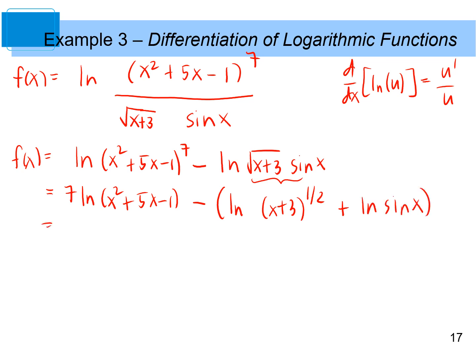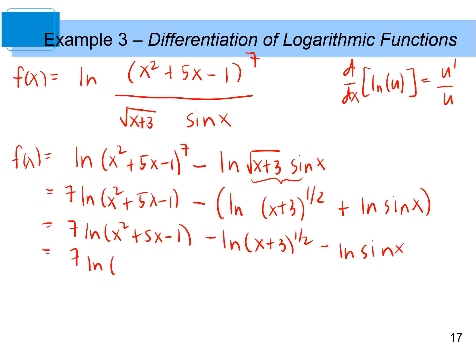Let's just distribute the operation. So this is now minus ln of (x plus 3) raised to 1/2 minus ln of sine x. Further, we apply property 3 to the second term. So this is minus 1/2 ln of (x plus 3) and minus ln of sine x. Again, we just expanded the given first. We haven't differentiated yet, but this time the expanded form will be differentiated.